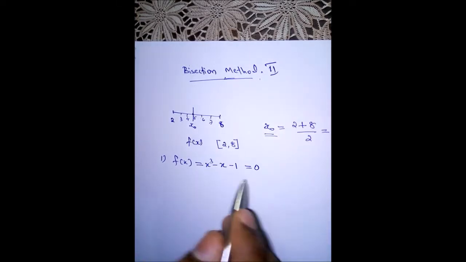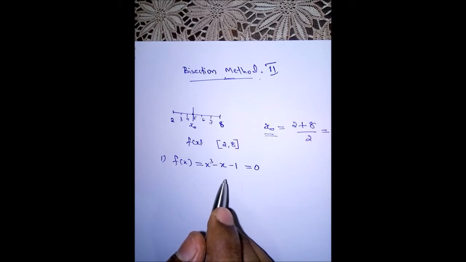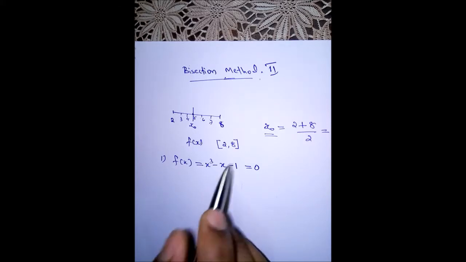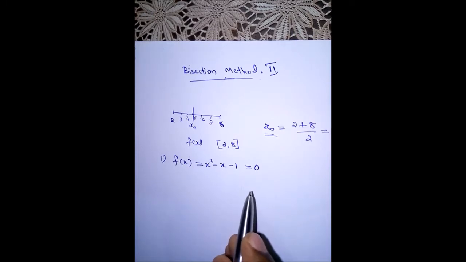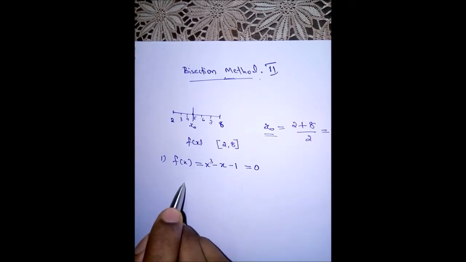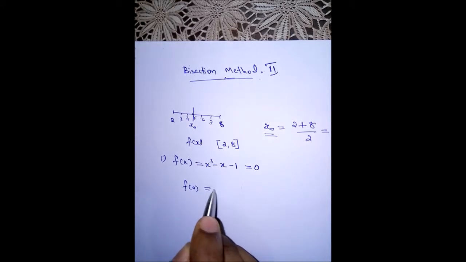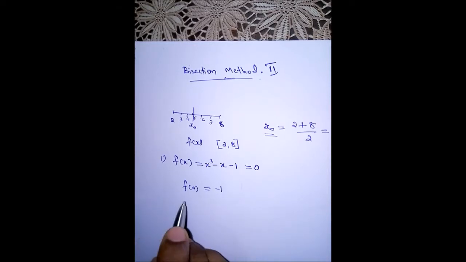We are going to find the solution of this equation. For that, we have to find the interval, the values of x between which f of x crosses the x-axis. For example, we start with 0. We substitute x equal to 0, we will get minus 1. That means at x equal to 0, the function is negative.